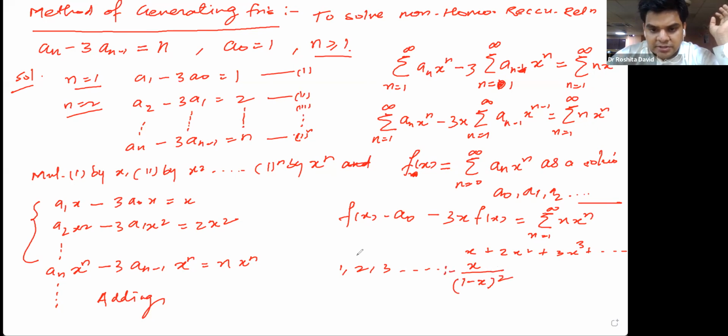This function will generate this sequence. So we will write x upon (1 minus x) square in place of this. Now we can solve this equation for f, and we have to find the coefficient of x to the power n.